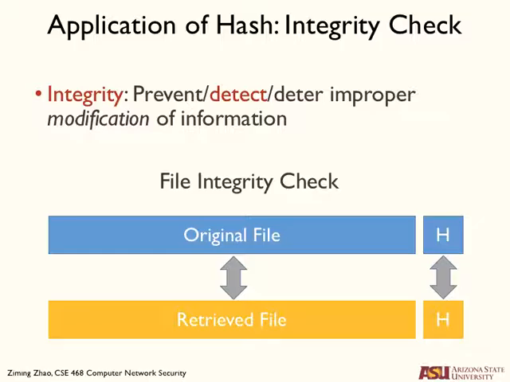The way to do it is, when you save the file, you calculate the hash value of that file, and you store this hash value separately in some secure place. The next time you open this file, you calculate the hash value of the retrieved file again and compare the two hash values. If those hash values match, you say the file has not been modified.